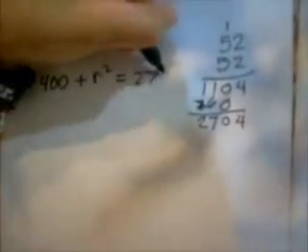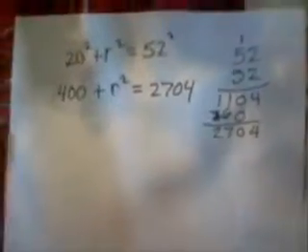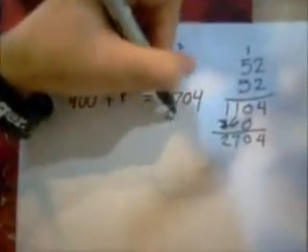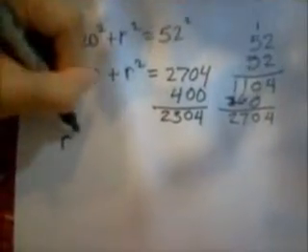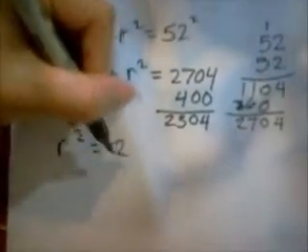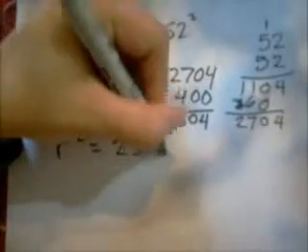Actually, I'm sorry, this should have been a 1. So you'll get 2,704. Now you want to subtract 400 from 2,704. And you'll get R squared equals 2,304.